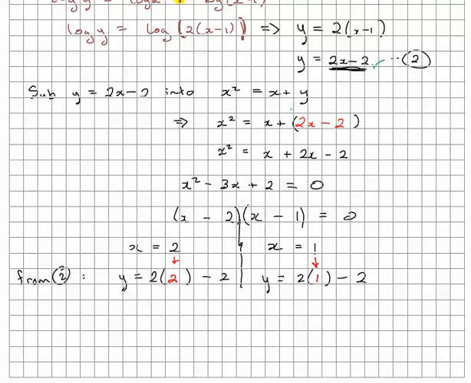Now we can work out what the y numbers are. 4 minus 2 is 2, and 2 minus 2 is 0, so y is equal to 0. So x is equal to 1, and y is equal to 0 there.